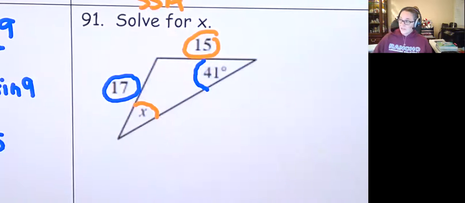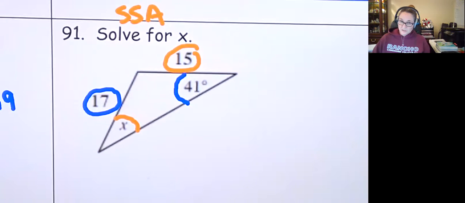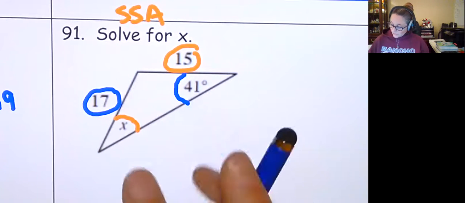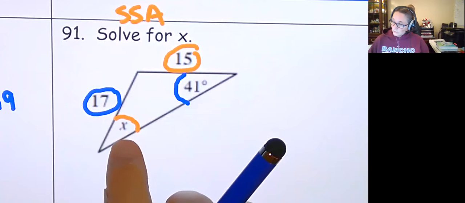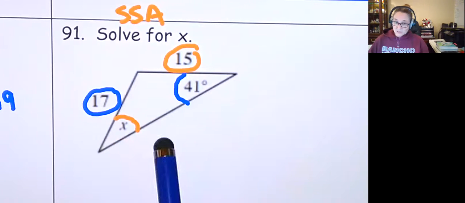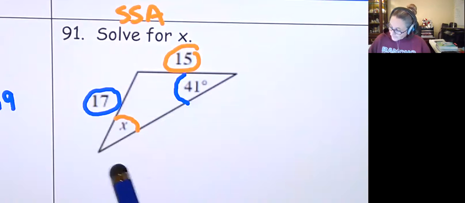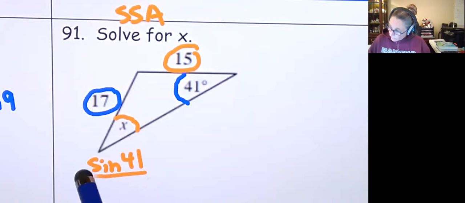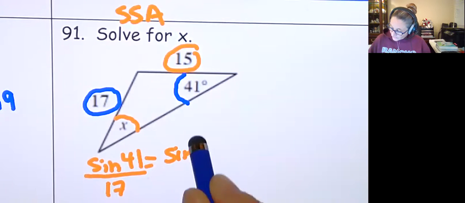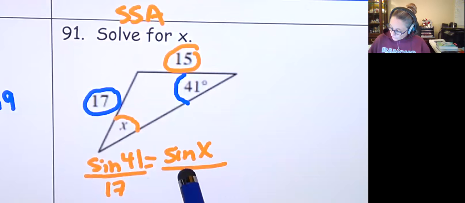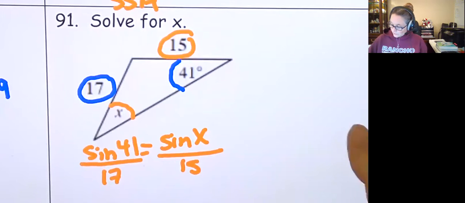So that means that we have an ambiguous case. So I'm going to find this value, and then I'm going to see if it's possible to have another value for this. So I'm going to do sine of 41 over 17 equals sine, let's say x over 15. And I'm going to cross multiply and solve.